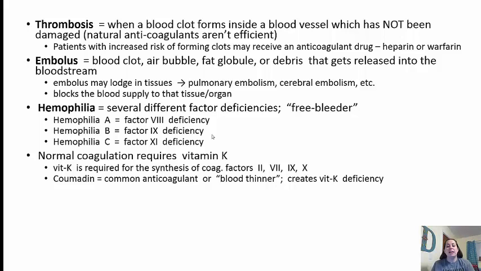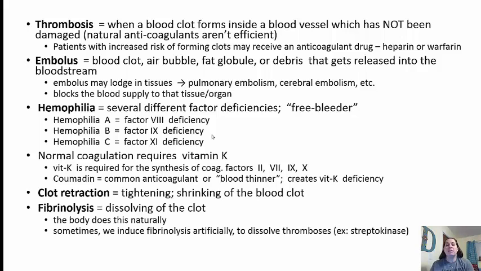Now, Coumadin, guys, Coumadin is another common anticoagulant. It's different than heparin and warfarin because it's considered what we call a blood thinner, and it creates a vitamin K deficiency. So in other words, even though you might be taking in vitamin K, it fools the body into thinking that you're not getting enough. And so because of that, it does not allow for us to make the factors 2, 7, 9, and 10 in the amounts that we need in order for coagulation to take place.